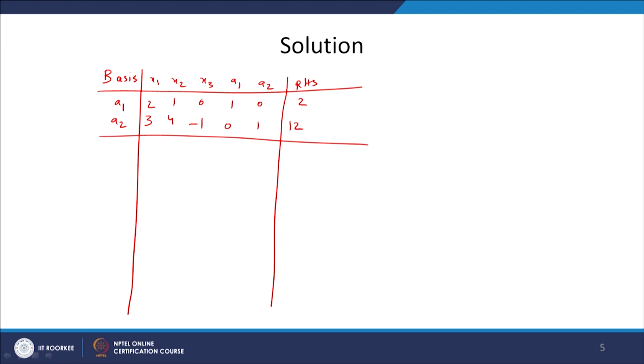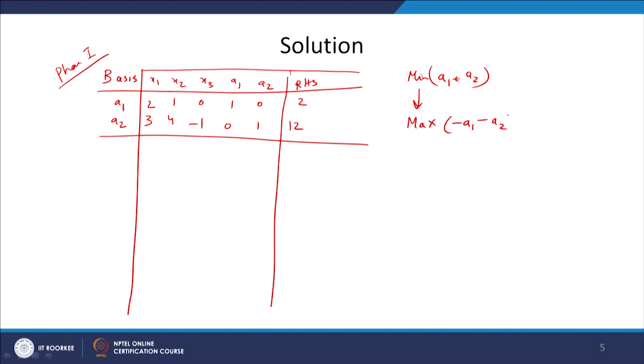Also, we need to write the coefficients of the objective function. Since we are working with phase 1, our objective function is minimization of A1 plus A2, and in order to bring it to the standard form we have to maximize minus A1 minus A2.